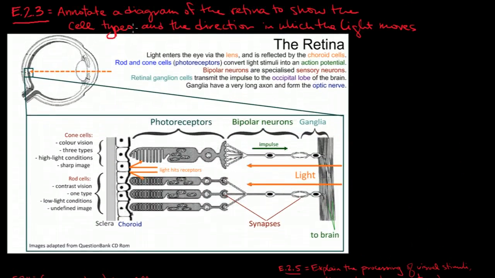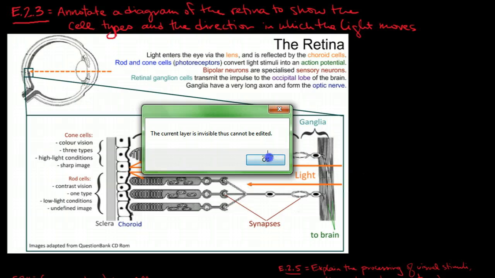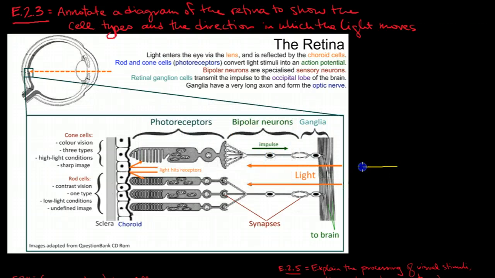So you'll be able to annotate a diagram of the retina to show the cell types and the direction in which the light moves. So some of these have already been labeled in this diagram, but you need to be able to annotate them. So here are the ganglion cells. Over here on the right, we see that light is moving into the eye this way. So the iris and the cornea are all over on the right-hand side.